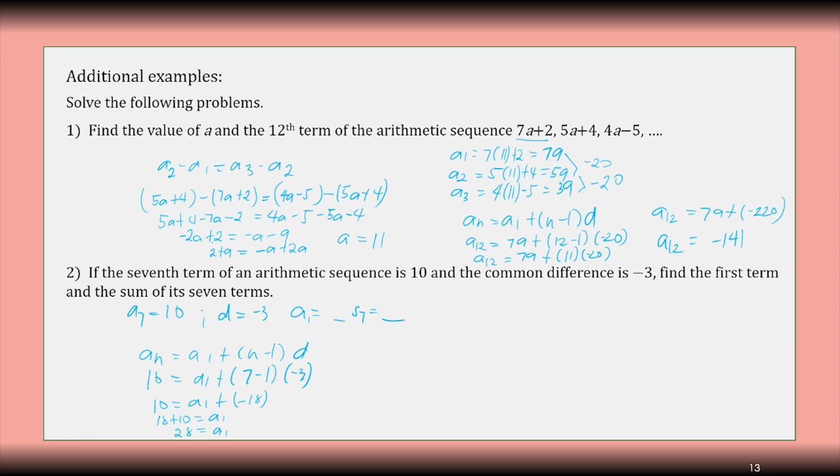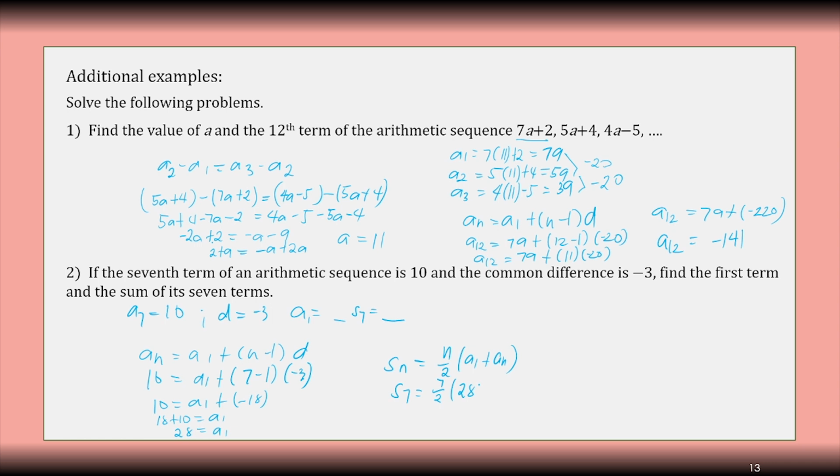Yan. So, para makuha yung ating sum, since given natin first term and last term, pwede natin gamitin yung formula na S sub n is equals to n over 2 times A sub 1 plus A sub n. So, S sub 7, kasi 7 yung ating hinahanap. 7 over 2 times, ang A sub 1 natin is 28.